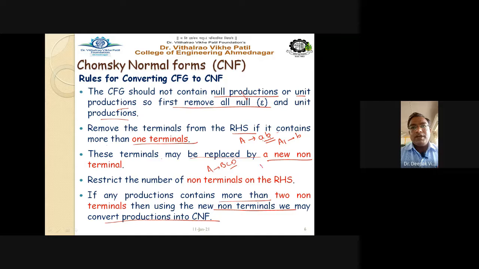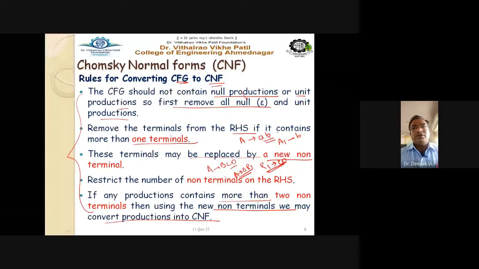If I take a new non-terminal like R1, for example R1 gives CD, then this rule can be converted to A gives B R1, which is in CNF, and R1 gives CD, which is also in CNF, right? So it is a very simple step. These are the steps we have to follow while converting the context-free grammar into Chomsky normal form, or CNF.